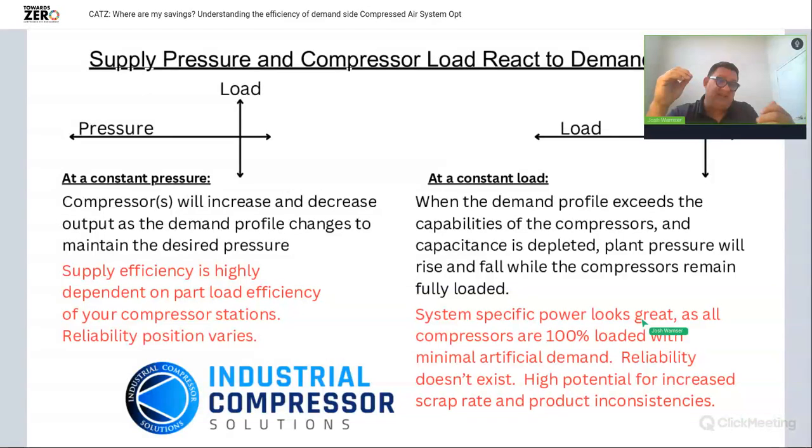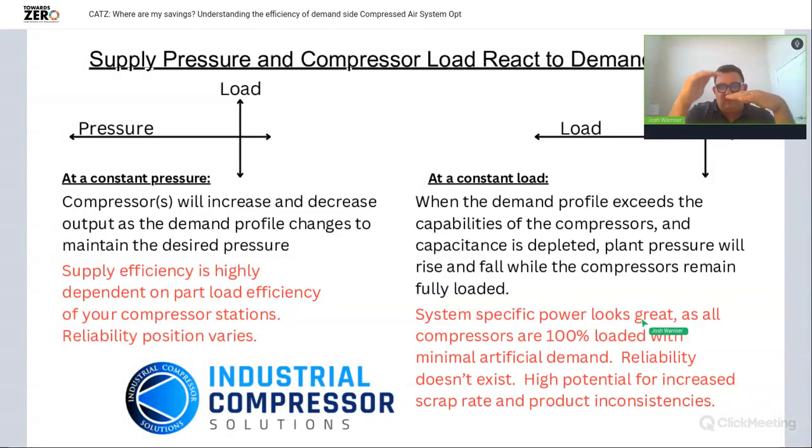Now, in that case, the efficiency of the supply side anyway is highly dependent on the part load efficiency of the compressors, the equipment in the compressor rooms. The reliability position varies based on what you have for backup.